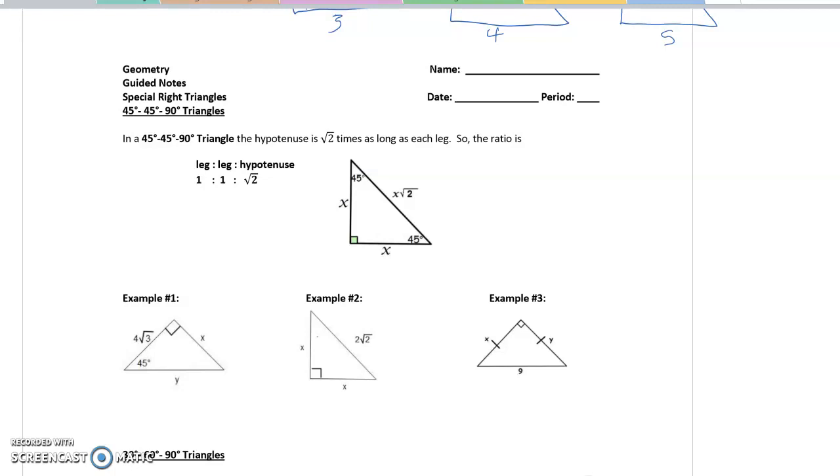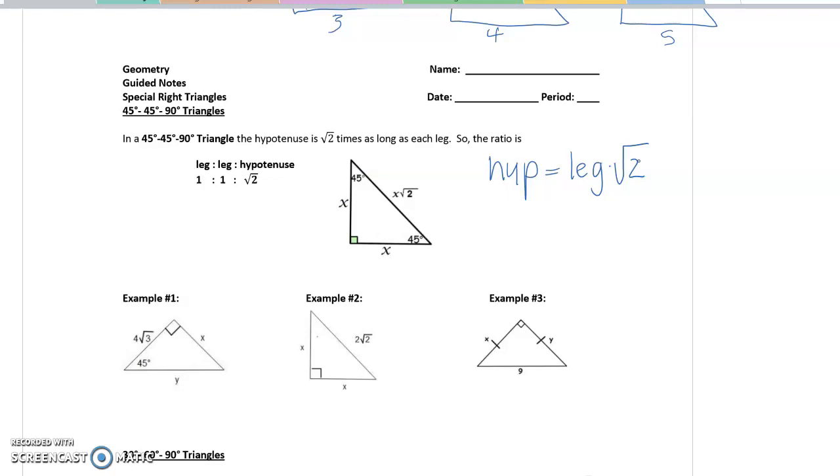So for every isosceles right triangle, you can use x root 2, or you can use hypotenuse equals leg times square root of 2.